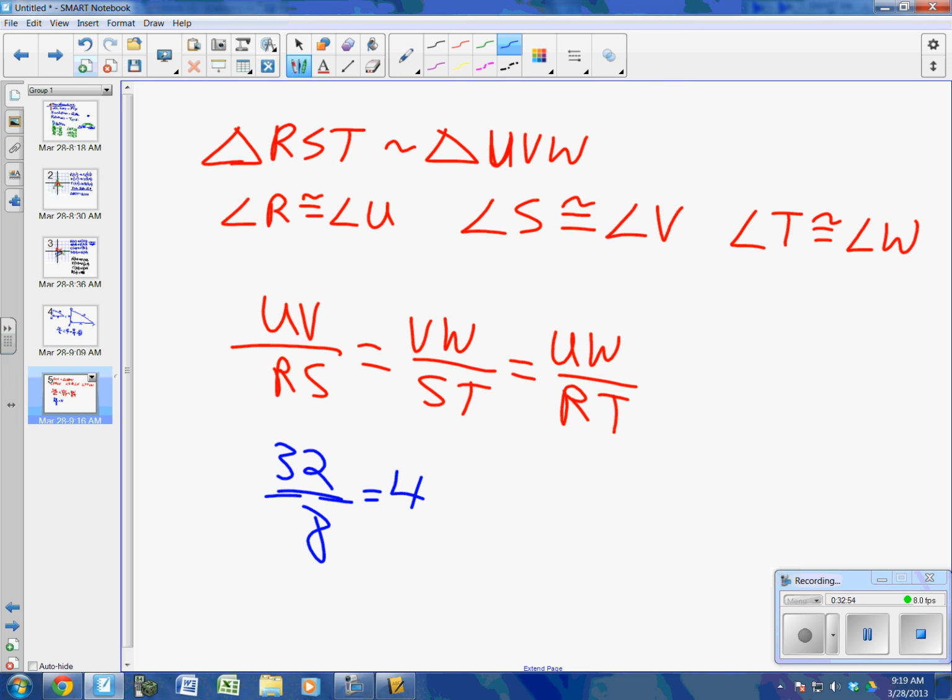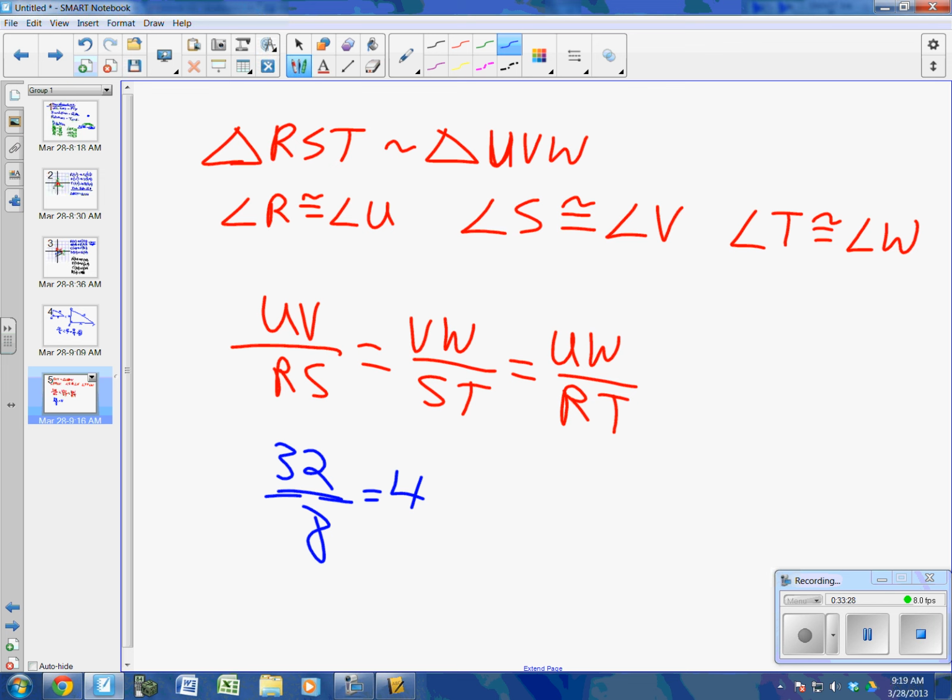Okay? All right, 2B. A student identified segment RS and segment UV as a pair of corresponding sides, and ST and VW as a pair of corresponding sides. The student wrote RS over UV is equal to VW over ST. Is this a correct proportion?